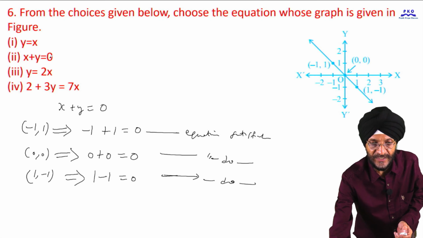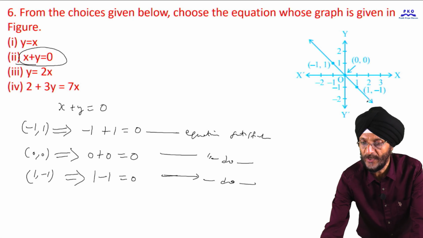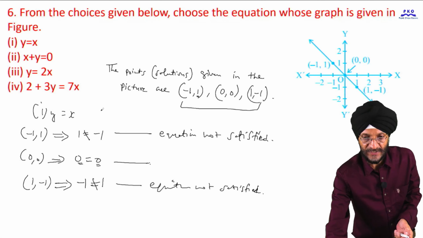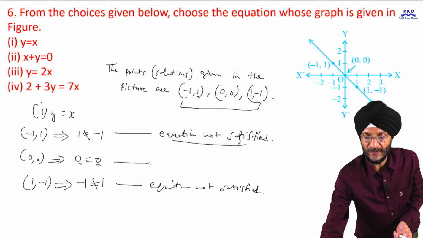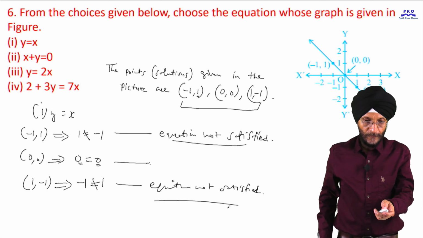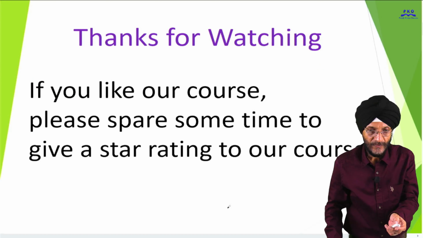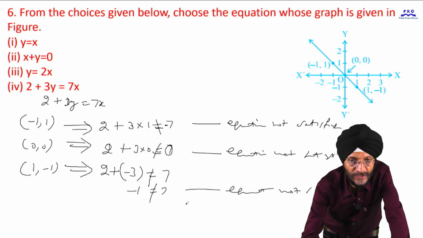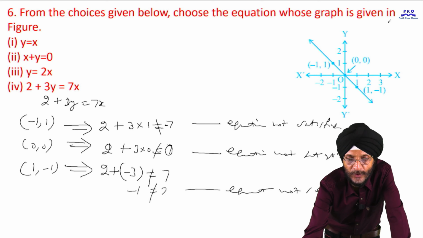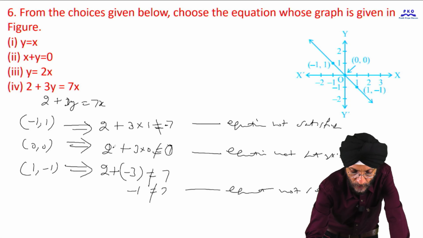In this case, x plus y, this solution properly fits, which is shown in the graph. In the case of the first, only two solutions fit into the equation. So, only x plus y. So, our answer is: choose the equation whose graph is given in the figure.